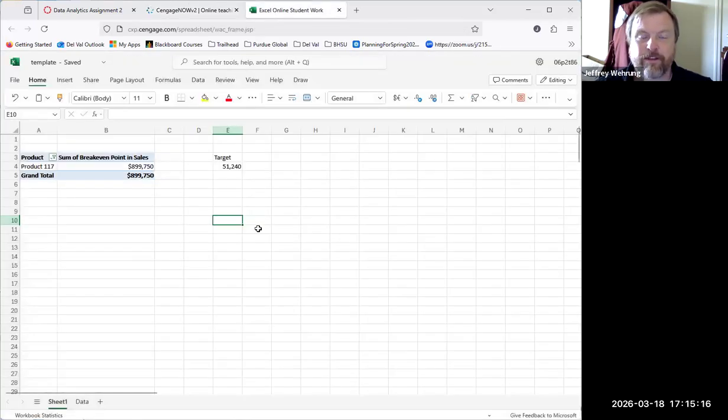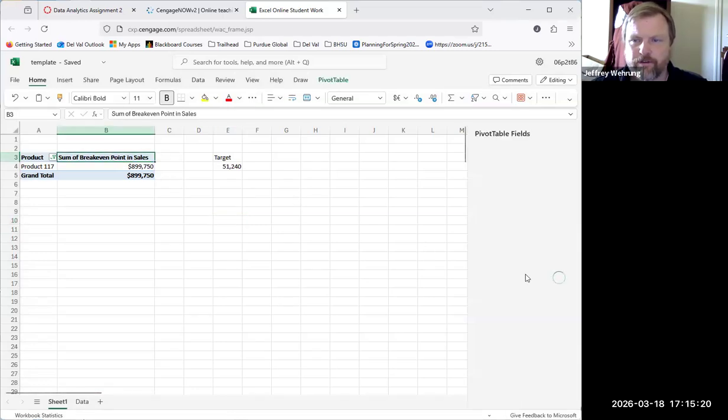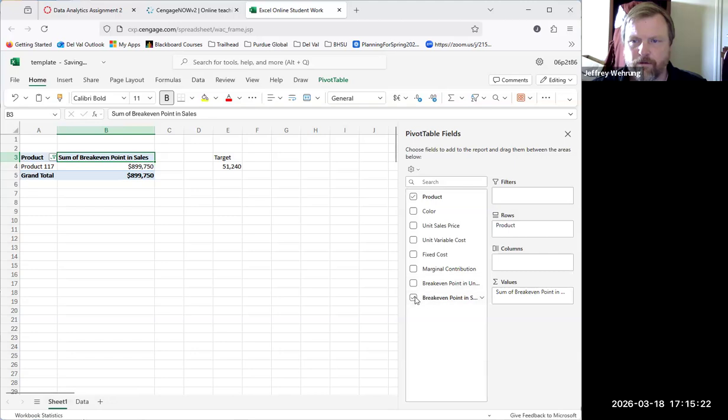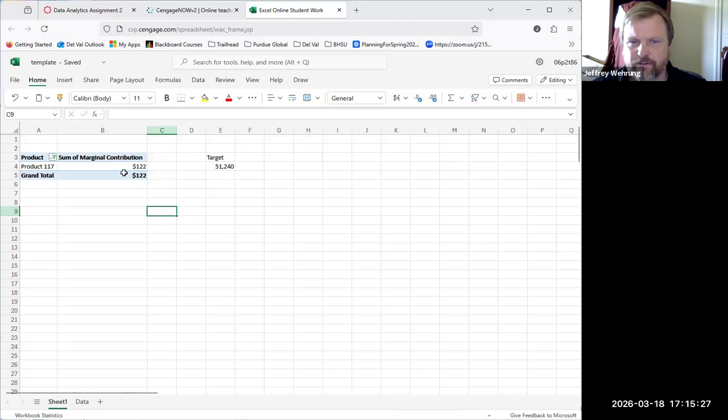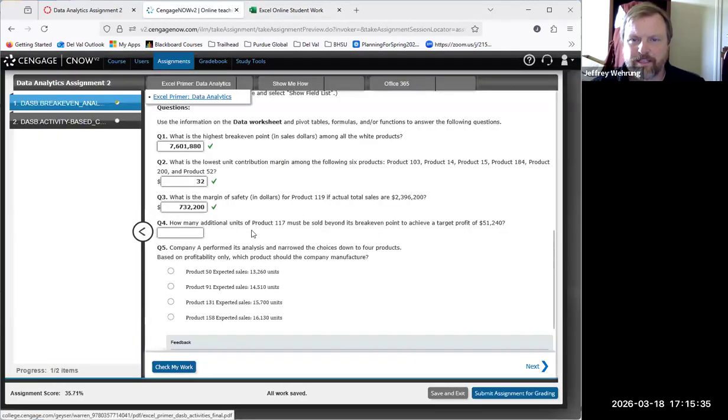So here's an interesting thing we can do. We already know our marginal contribution for each unit, right? And so we know that every unit we sell for this one is an extra $122 toward our profit target once we hit the break-even point. So they're saying how many additional units must be sold beyond the break-even point.